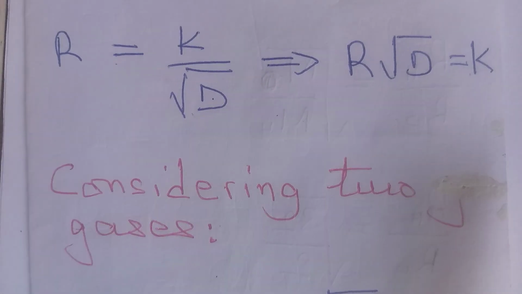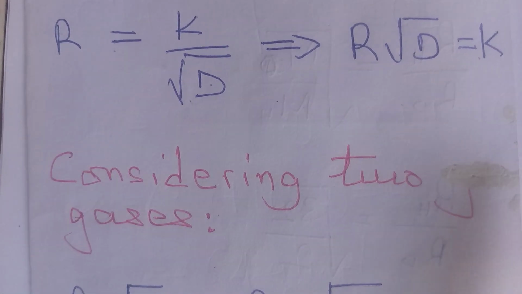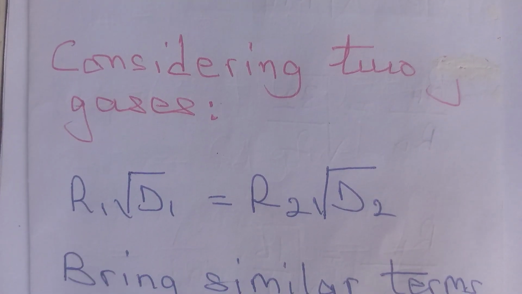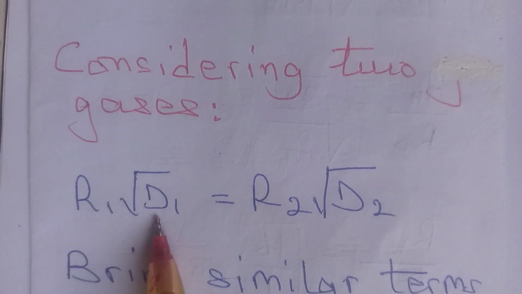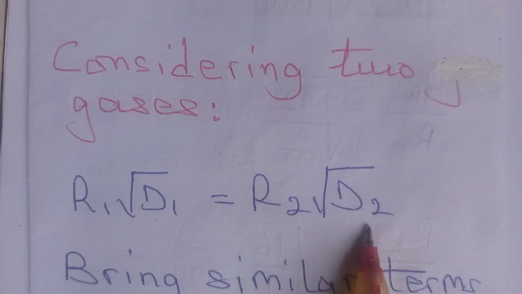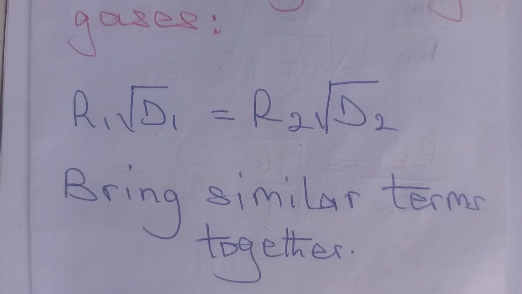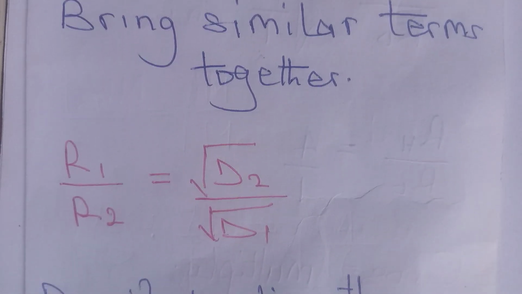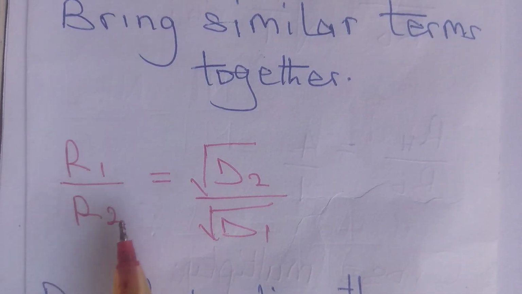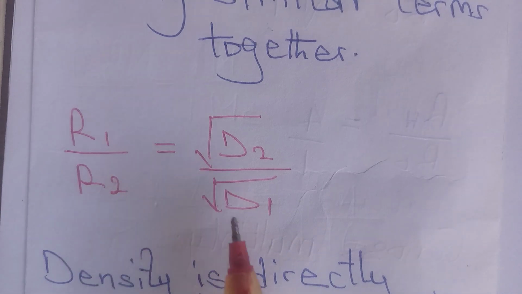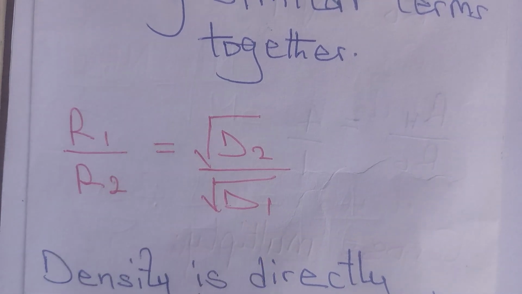Now, if you consider two gases, the first gas and the second, then you have R1 root D1 equals R2 root D2. Then bringing these equations in order and rearranging, you're going to have R1 over R2 equals square root of D2 over square root of D1.